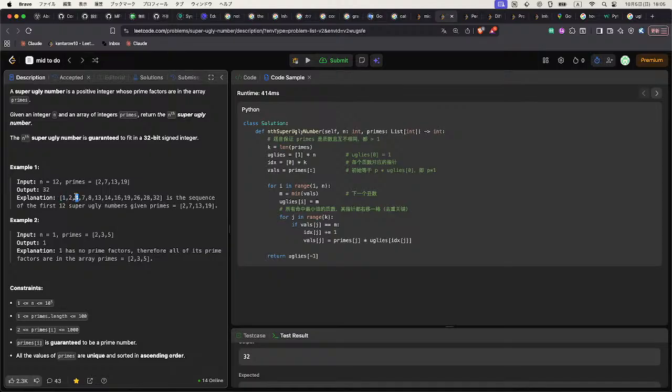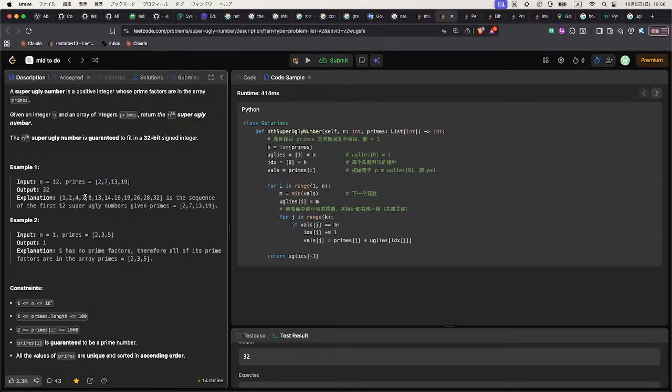For the 4, we have 4 times 2, 4 times 7, 4 times 13, 4 times 19 as candidates, but we don't need to calculate them every time, because there are still smaller candidates.